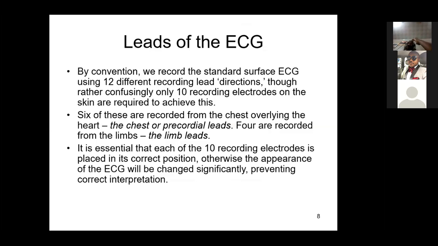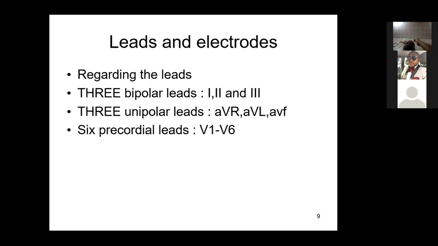Six of these are recorded from the chest overlying the heart, the chest or precordial leads. Four are recorded from the limbs. It's essential that each of the 10 recording electrodes is placed in its correct position. Otherwise, the appearance of the ECG will be changed significantly, preventing correct interpretation.